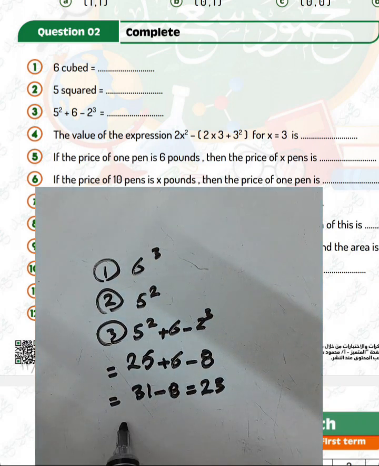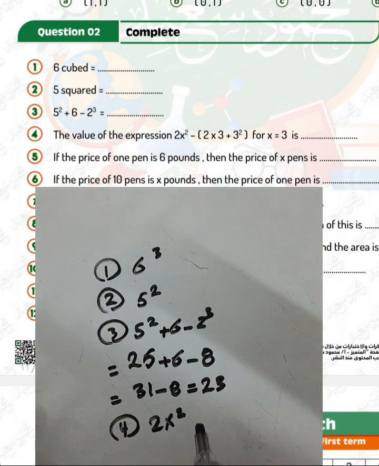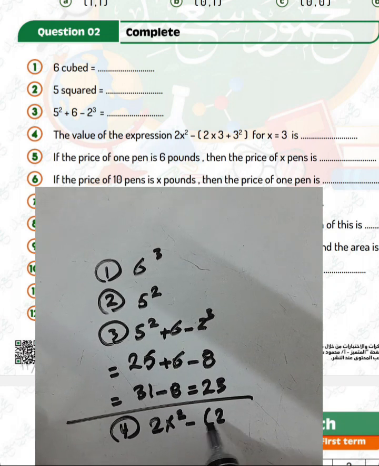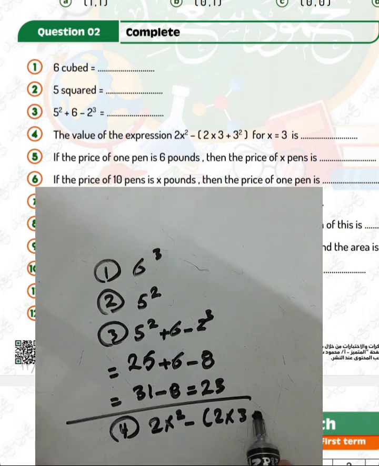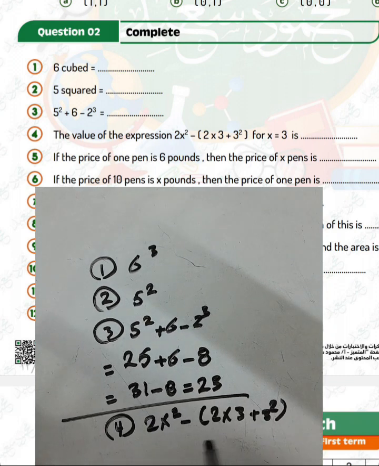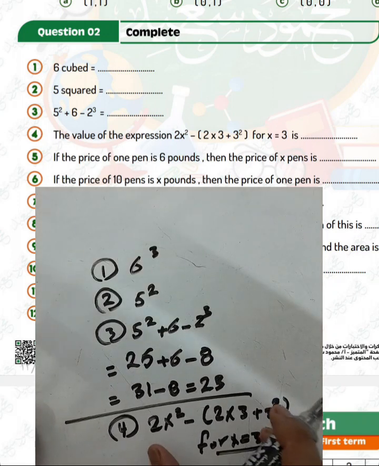Question 4. The value of the expression 2x power 2 subtract 2 times 3 plus 3 power 2 in the parentheses here, 4x equals 3. Then we can find the value of this expression.